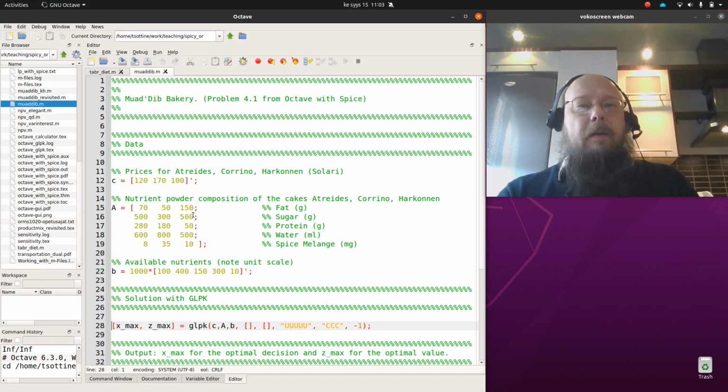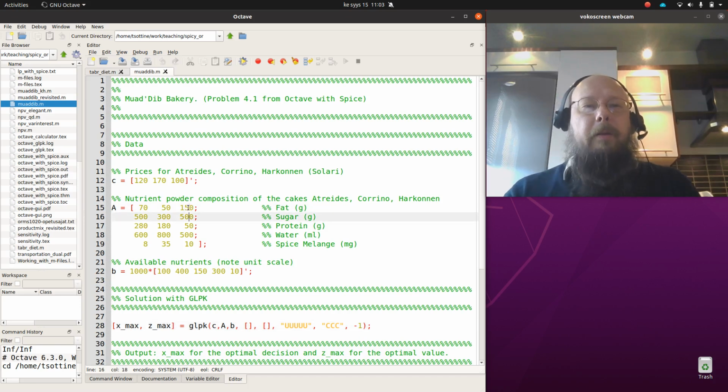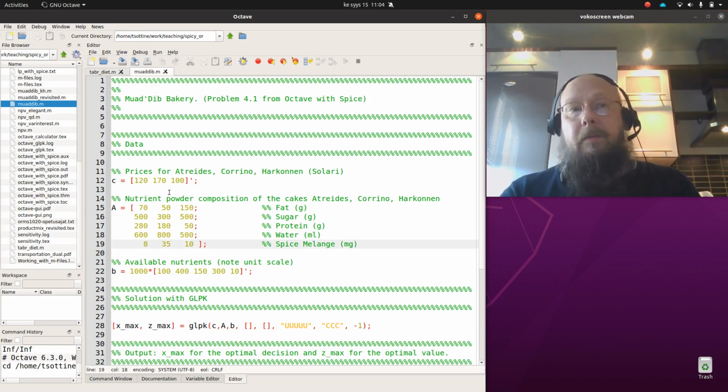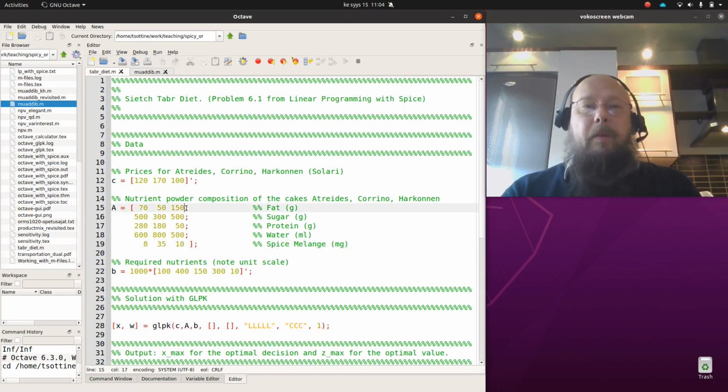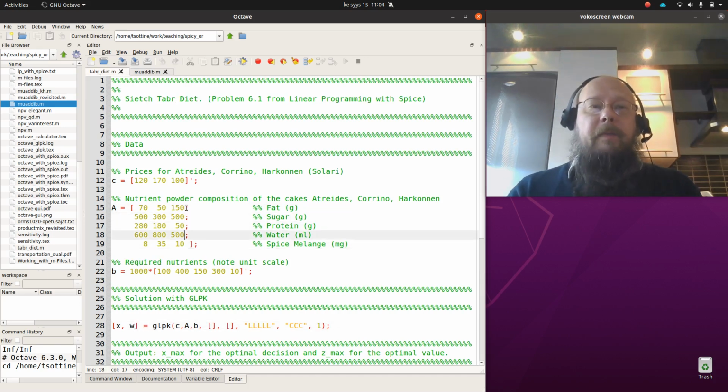So there are 1, 2, 3, 4, 5 constraints. They are all upper bounds. Well, in Tabor diet, they are lower bounds. We have 1, 2, 3, 4, 5. Basically, they are the same. So everything is same except that instead of upper bounds, we have lower bounds.